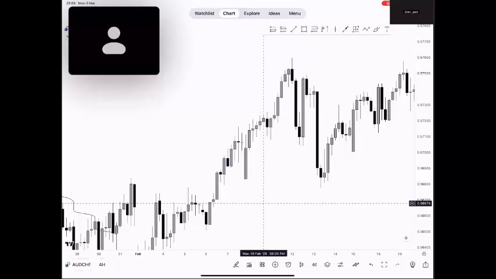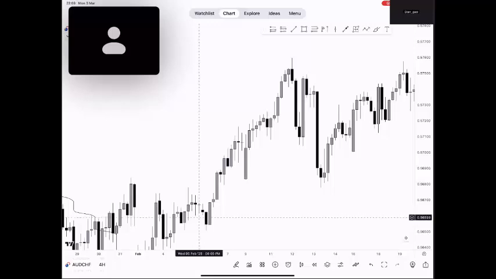Which has now invalidated the bullish engulfing that was supposed to come with higher prices. So it can just be that way.